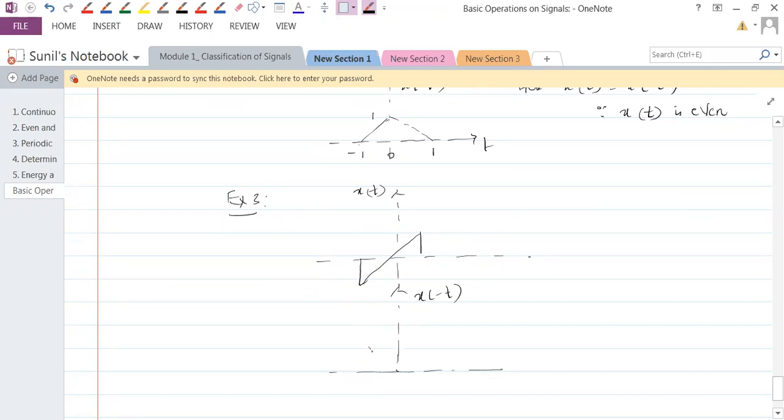See, the reflection is going to be this. That means x of minus t is actually minus x of t, since x of t is odd, is what one should understand.